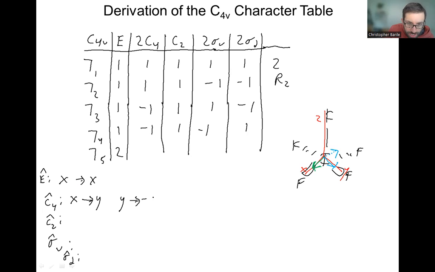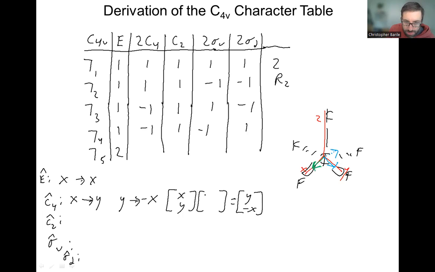Y goes into negative x. And so now that we know that these transform together, we can actually use a 2-by-2 matrix. So we start out with x, y, and we're asking the question, what 2-by-2 matrix transforms x, y into y, negative x, right? X went to y, and y went to negative x.